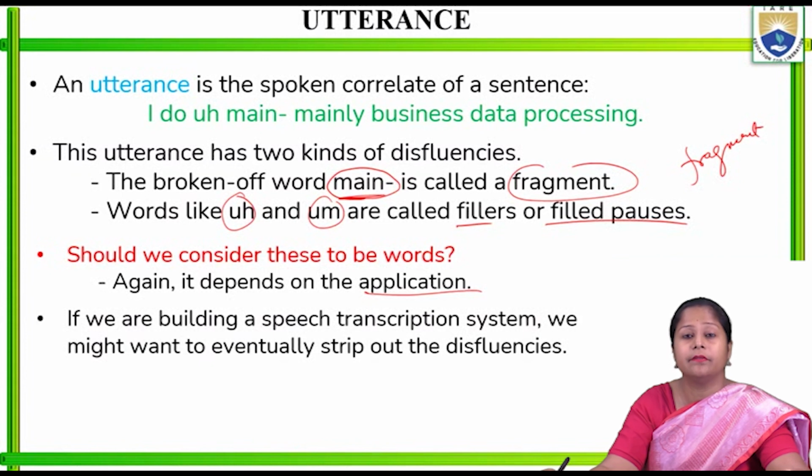On the basis of the application, we can decide whether we have to consider utterance or not. Most of the time we don't consider this type of disfluency, which is disaggregated into fragments and fillers in the sentence.